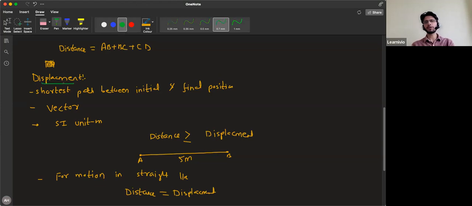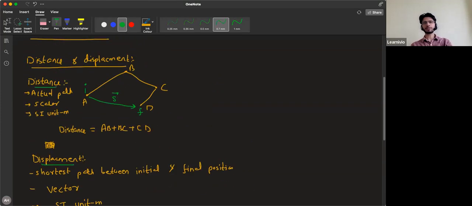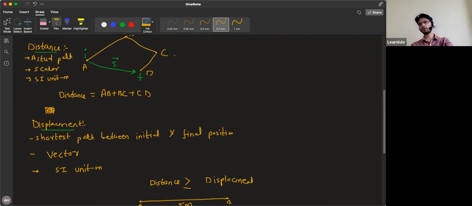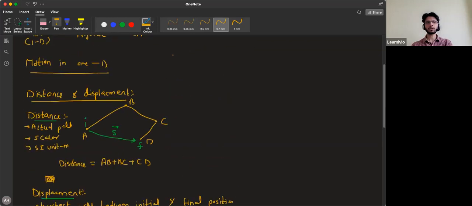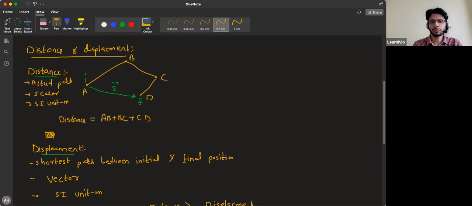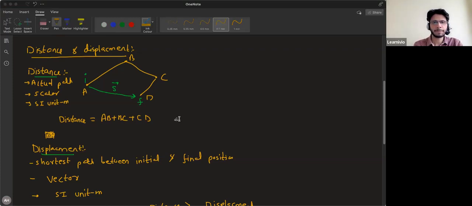There are many other properties of distance and displacement, but right now we don't have time to study unnecessary things. So these are the important properties on which you can get questions. Just note it down. We'll do one numerical over it. Let me see if I can find some question.